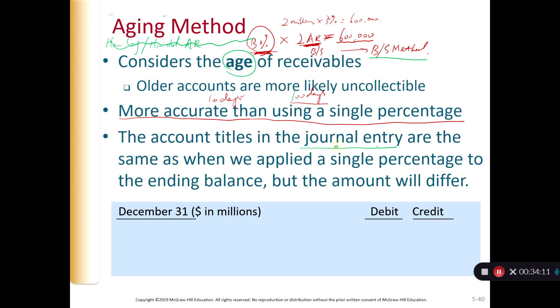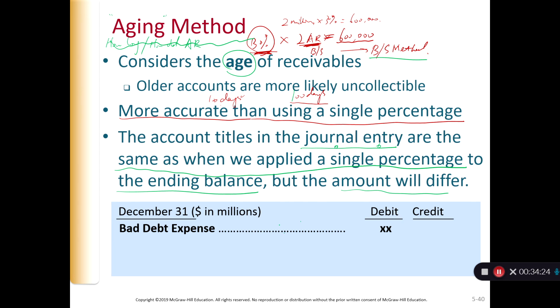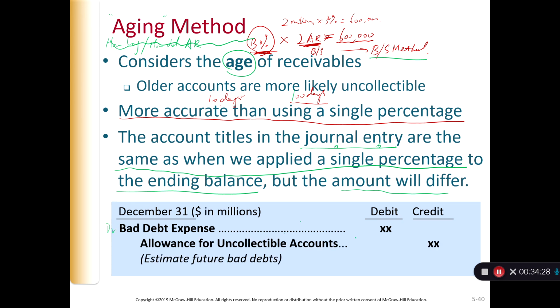We always come down to the journal. The journal entry is exactly the same as the single percentage method, but the amount will be different. We still record bad debt expense and credit allowance for accounts receivable, uncollectible amounts.